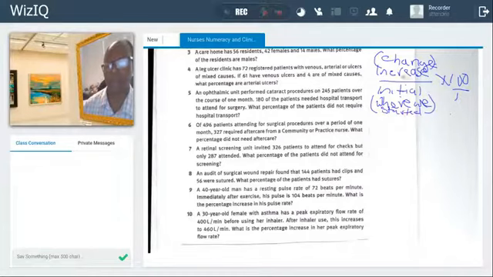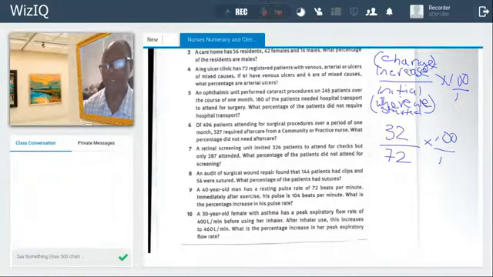Just need one of these, not both of them. So we know change, which is increase, is 32. And initial, where we started from, is 72. And we multiply that by 100. So I've substituted these values into this.